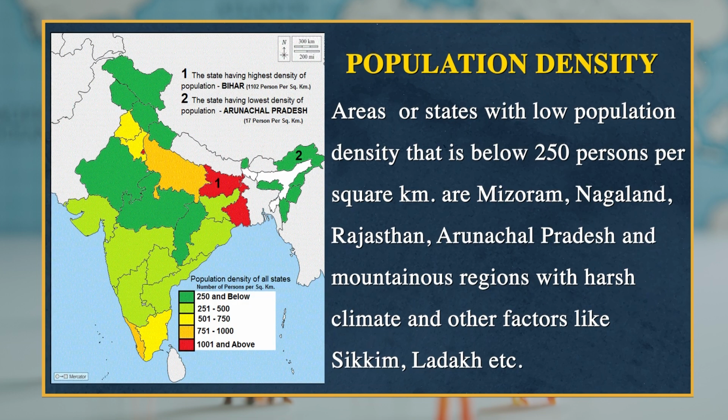As you can see in the map of India, the pattern of uneven distribution of population densities at the state level.